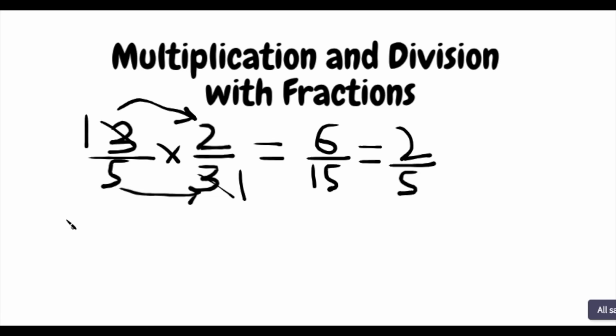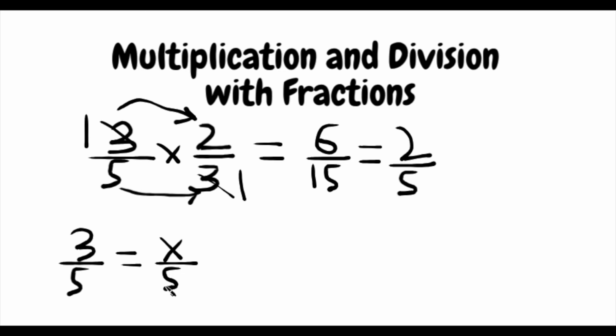So let's say that you had 3/5 equals, let's say, x over 5, right? And if you wanted to solve this for x, what you would do is cross multiply, right?